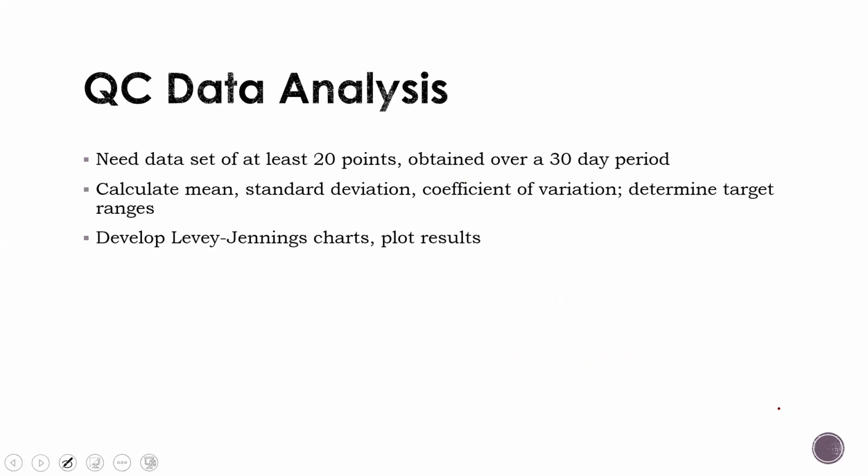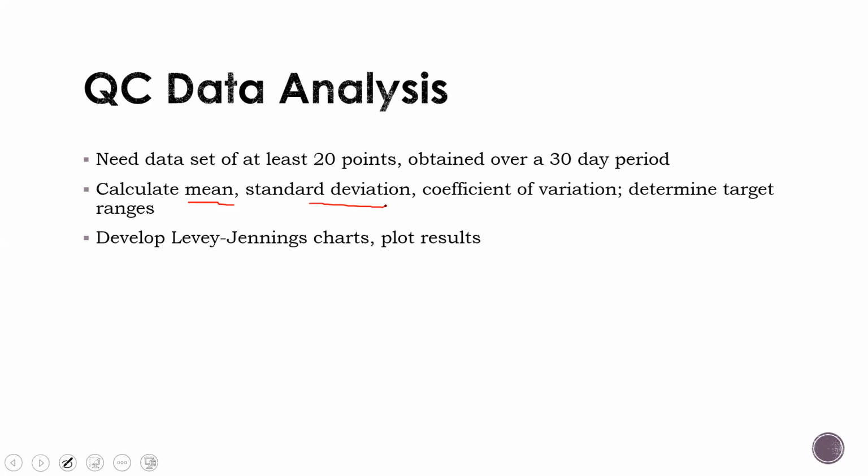Okay. Data analysis. Dito na tayo papasok sa ating simple statistics. You need at least 20 data points. Nasabi na natin yan kanina. We have to calculate the mean, standard deviation, coefficient of variation, and determine the target ranges. In this session, in this topic, we will only be tackling about mean and standard deviation.